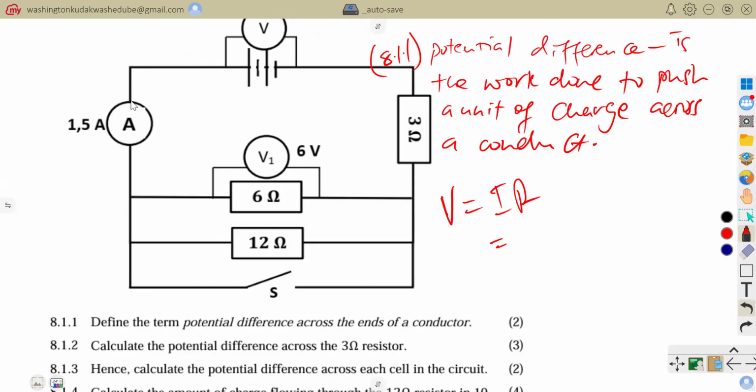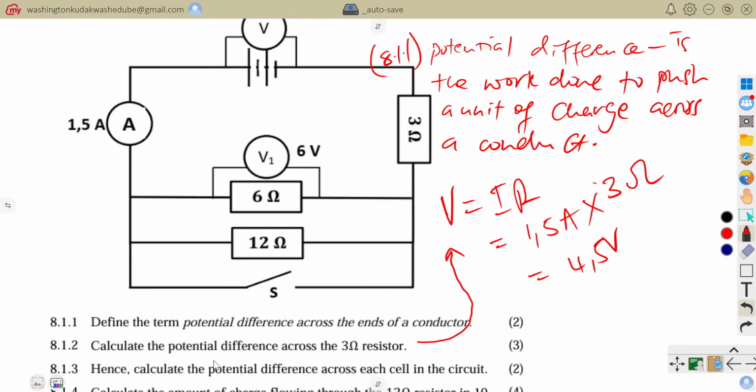Whatsoever is coming from this end has to return to that end. So we have got 1.5 amps times the resistance here, it's 3 ohms. So this is going to be 4.5 volts. That is the potential difference across the 3 ohm resistor.